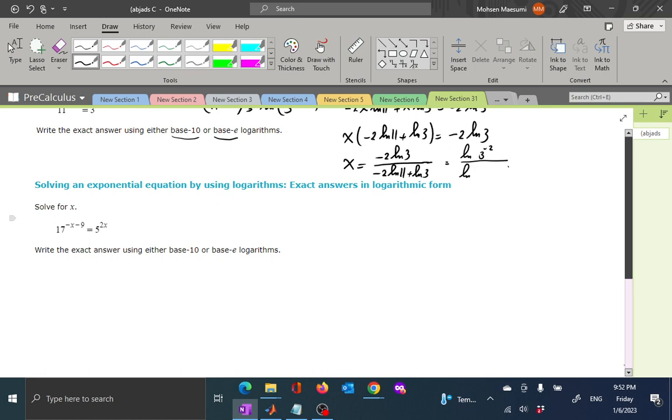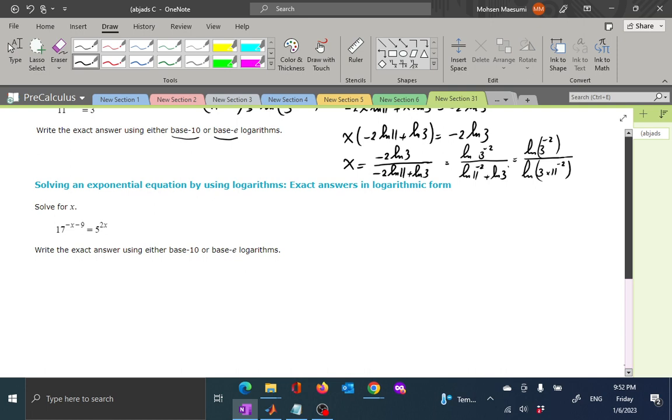Denominator is logarithm of 11 to the power of minus 2 plus logarithm of 3. So we can write this as logarithm of 3 to the power of minus 2, and you can apply the rule of logarithm. This is logarithm of 3 times 11 to the power of minus 2. So that, if it appeals to you more, you can use this form and perhaps other modifications.